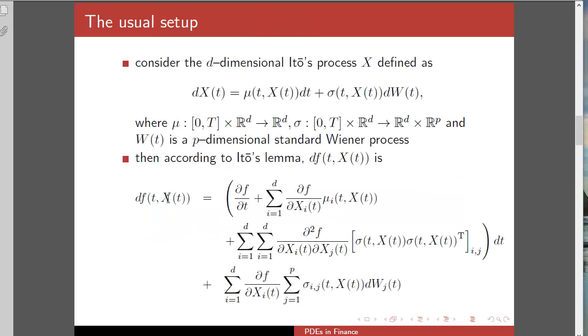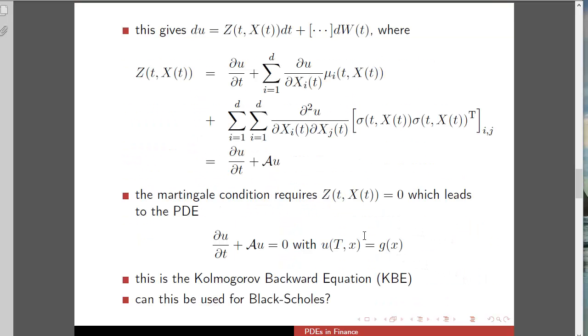So instead of df, we are calculating du, and then we will take a look at how the differential looks. Because we know that u must be a martingale, we need the dt component, which is essentially this one, to be equal to 0. So this is basically what we do here.